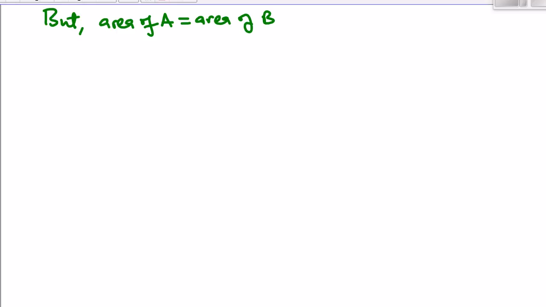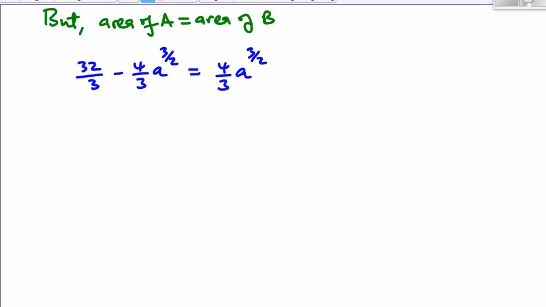So the area of A from our calculation is 32 over 3 minus 4 over 3 a to the power 3 over 2. Area of B is 4 over 3 a to the power 3 over 2. So 32 over 3 minus 4 over 3 a to the power 3 over 2 is equal to 4 over 3 a to the power 3 over 2.